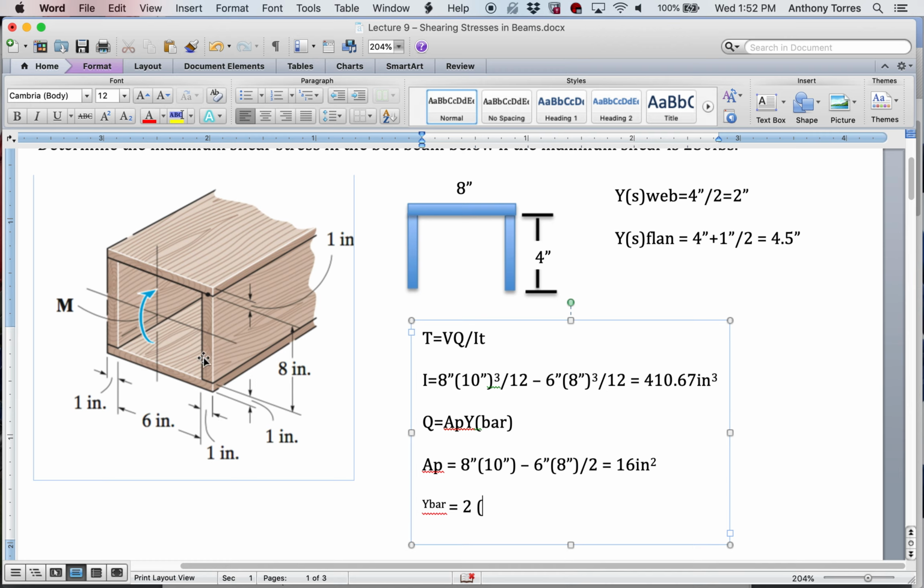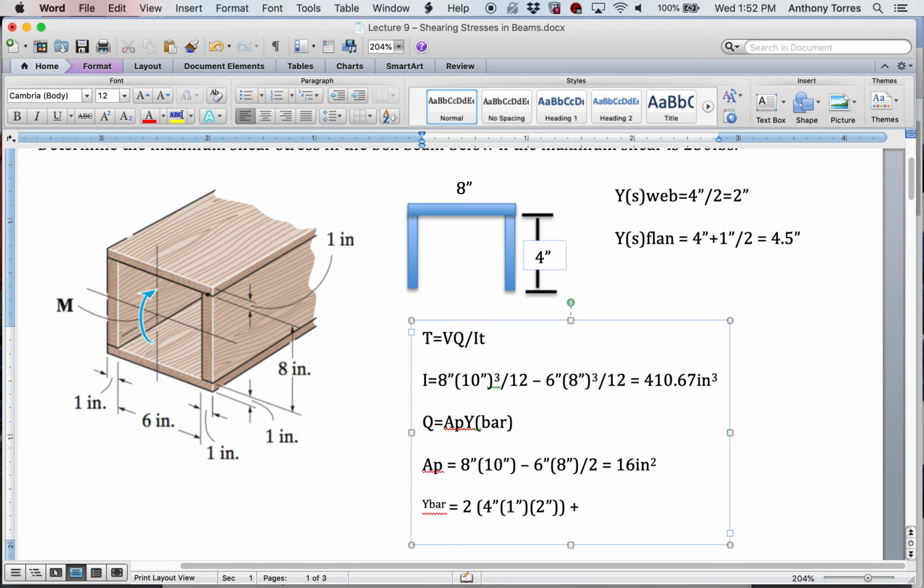The thickness of these guys is 1 inch. So 4 inches times 1 inch gives me the area. The y squiggle for those little guys we just did is 2 inches. So 2 times all of that because there's 2 of those guys.